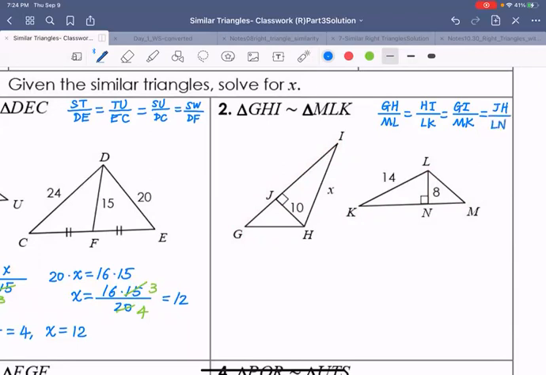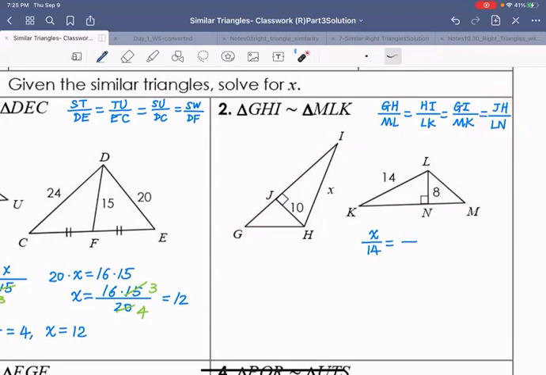Okay, now you want to plug in. This guy is HI, so we put X here, you know? X over who? 14. Very good. Equals? This guy.